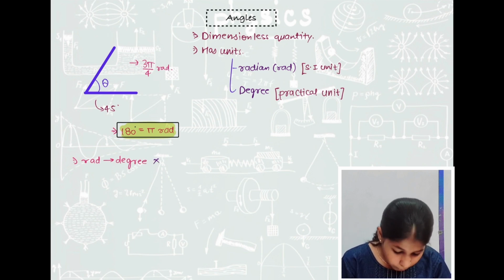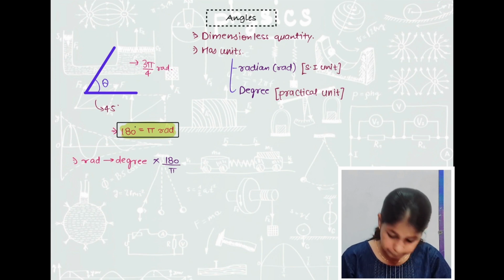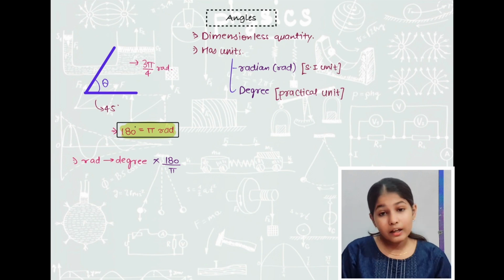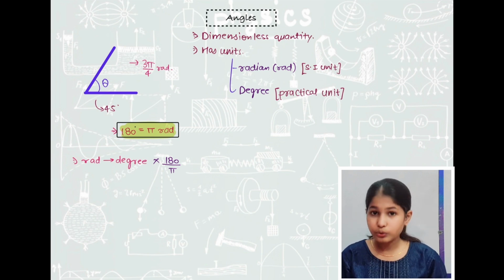You need to multiply this radian value with 180 upon pi. Okay, after some time we are also going to solve the example.